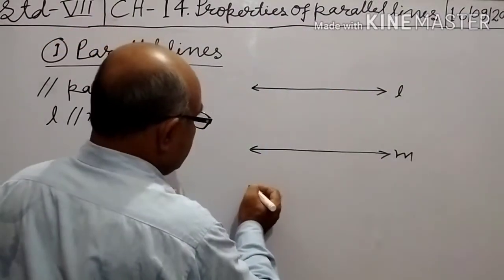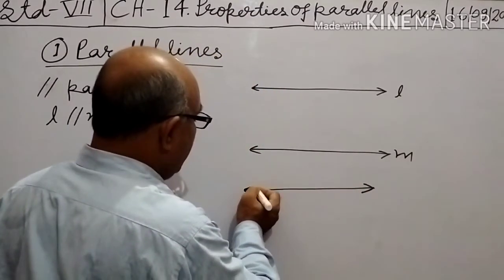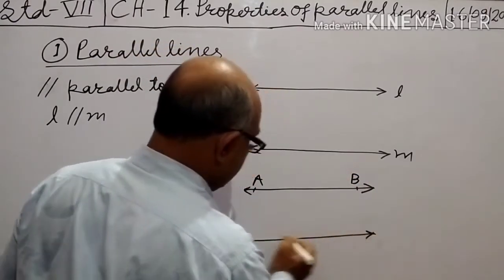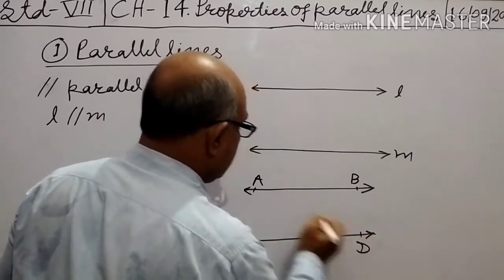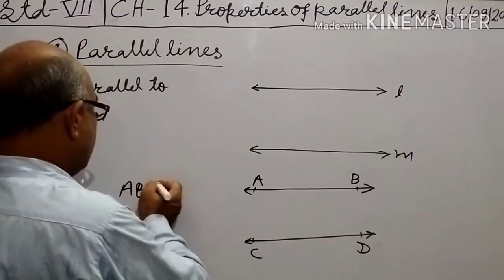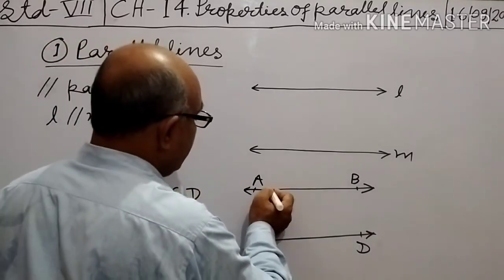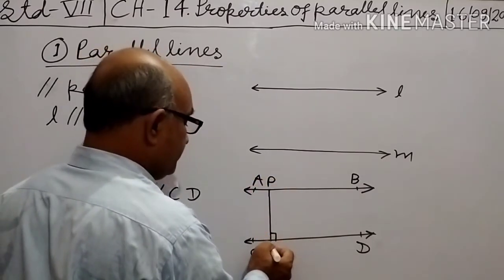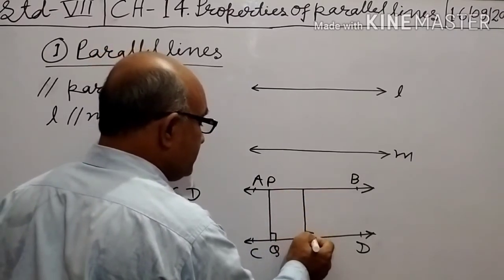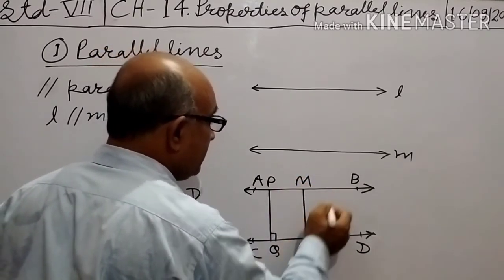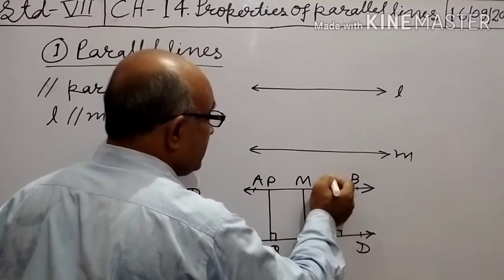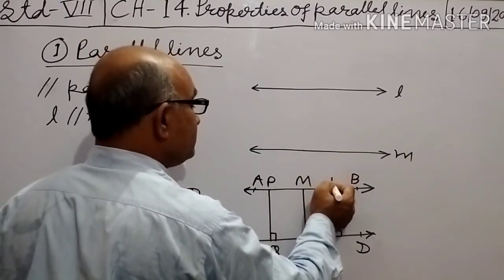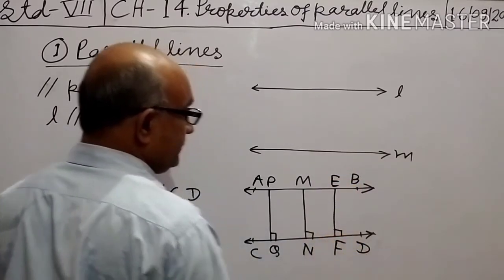For example, line AB parallel CD, in which the perpendicular distances are PQ, MN, and EF.